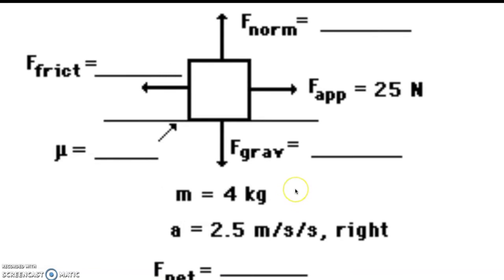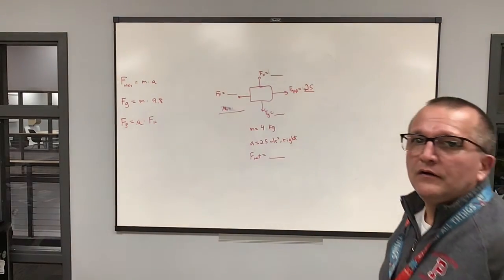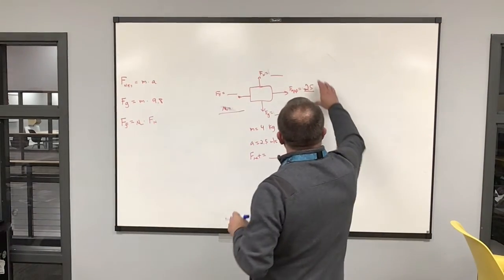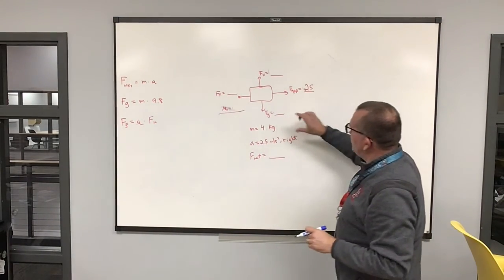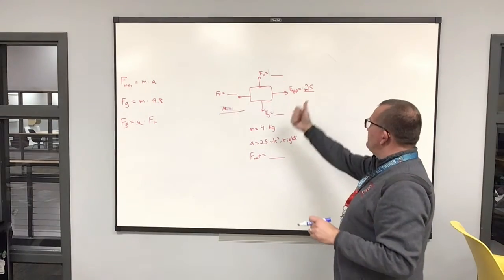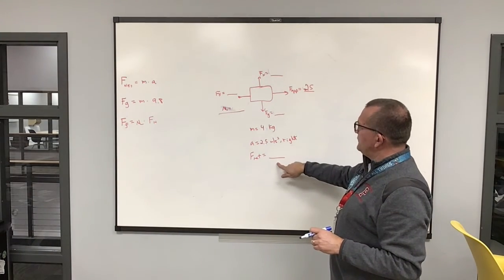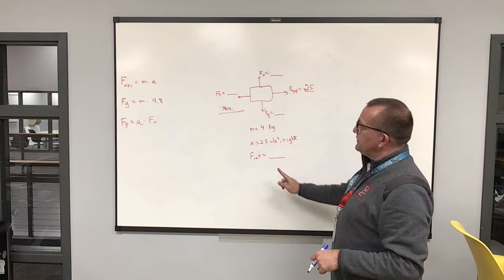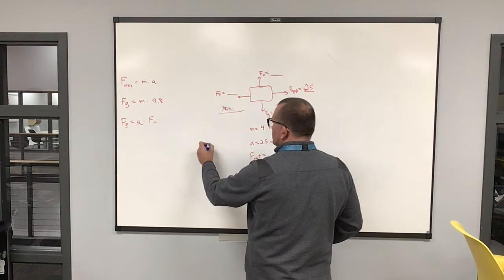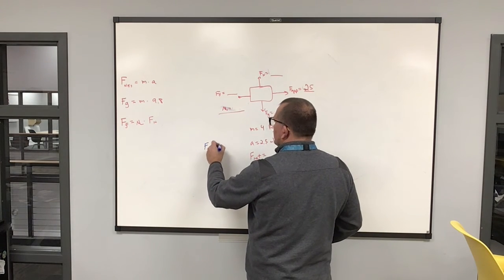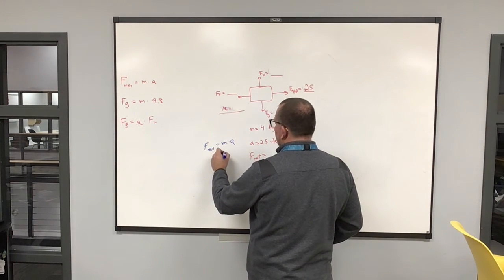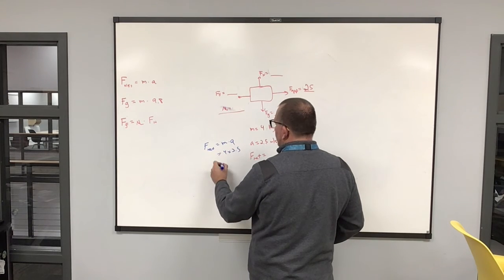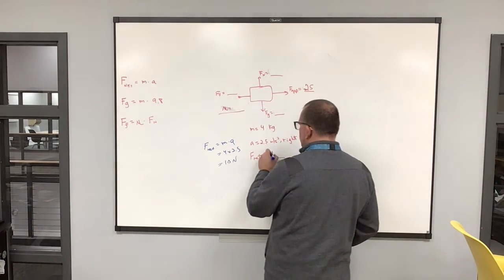Do this now. All right. Applied force 25, mass 4, acceleration 2.5 to the right, net force unknown, and then the other forces and mu unknown. But let's start with net force again. Force net equals ma, 4 times 2.5, which turns out to be 10 newtons.